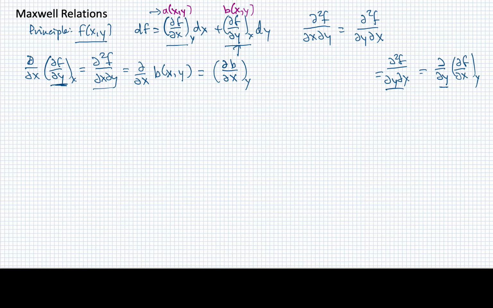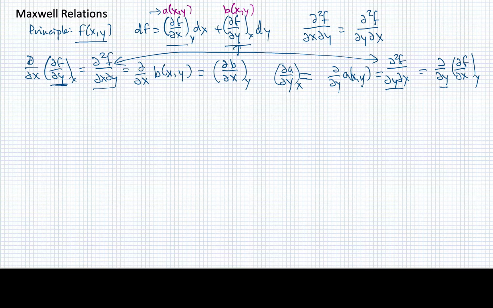So this is really equal to d/dy of a of x and y, or in other words, the partial of a with respect to y at constant x. But since these two things are equal to one another, then these two things are equal to one another.